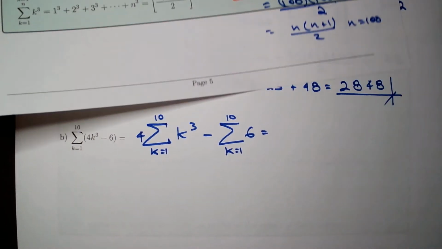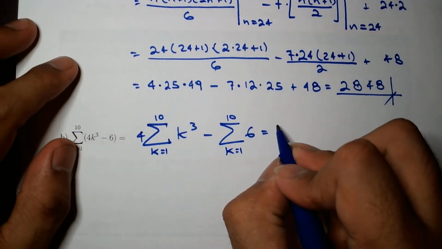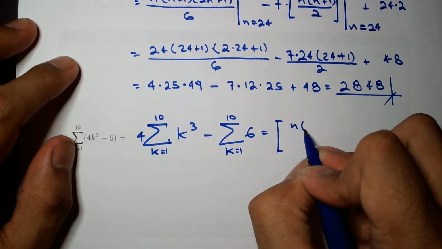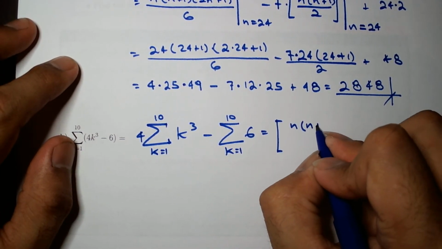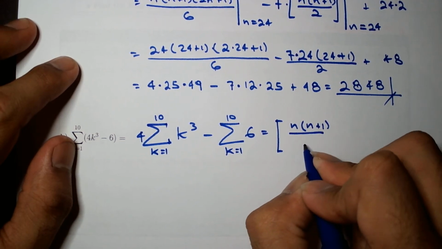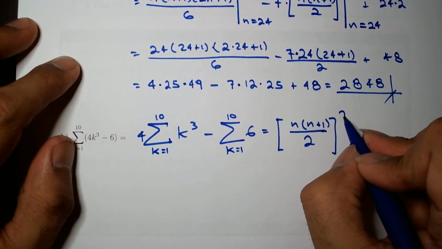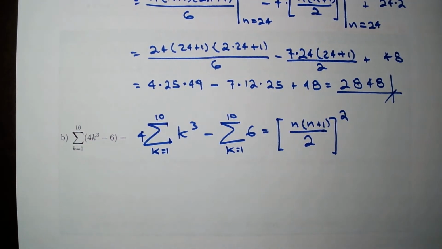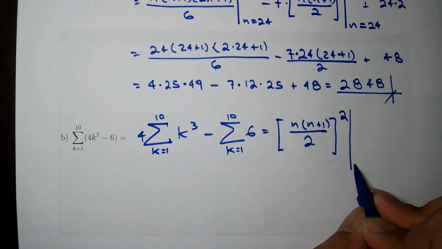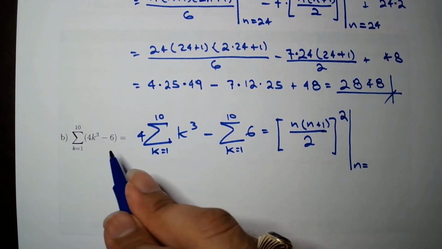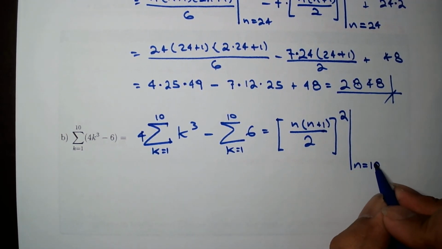So for the cubes, we do n times n plus 1 over 2. Very similar to the sum of the first n integers, but this one is squared. I'm going to put a bar to indicate that this one is being evaluated at n equals 10.